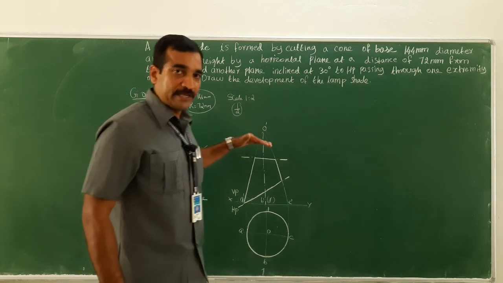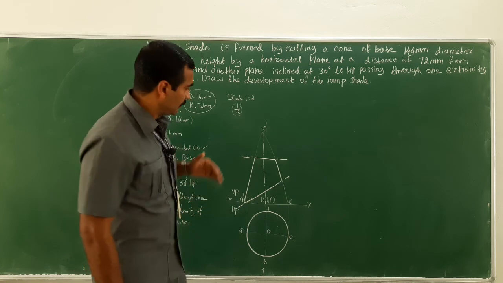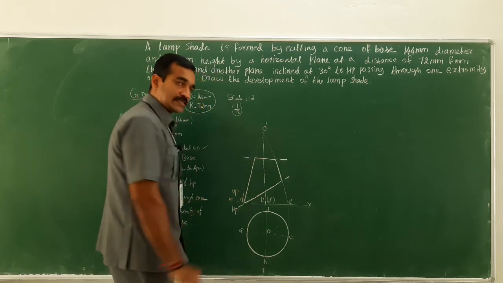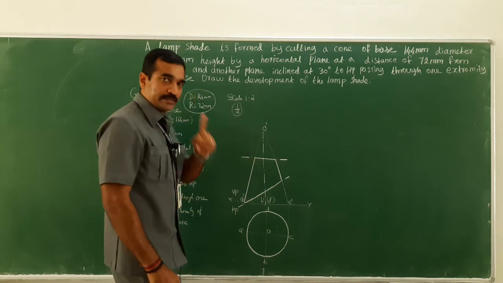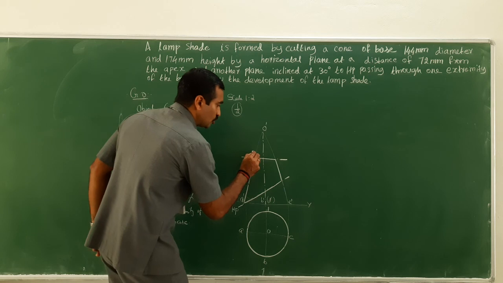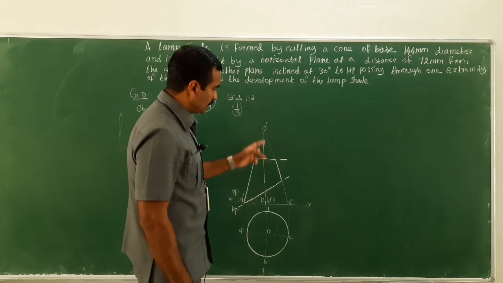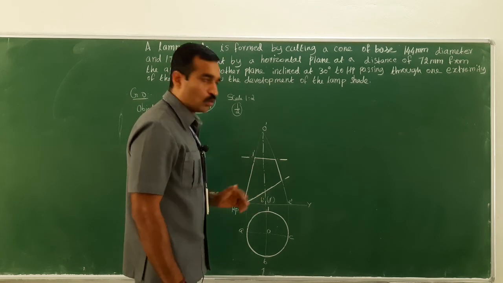So when the cutting plane is used, new cutting points are generated. Let me start from here. On this, OA is there. This is the generator, a straight line. Therefore, only one point will be there, which would be visible. So 1 dash. Here we have assumed the imaginary lines OB and OD.